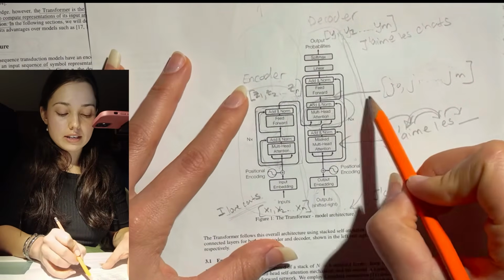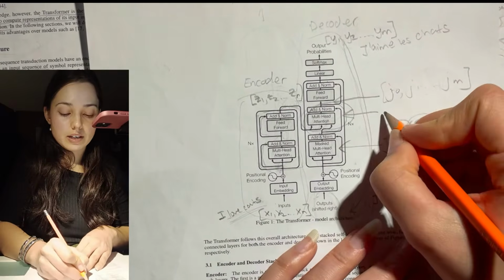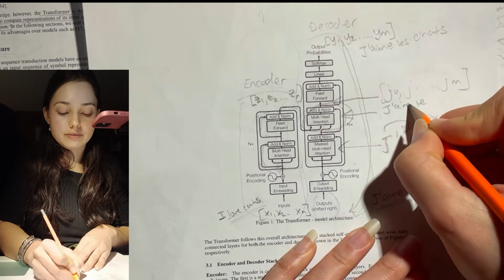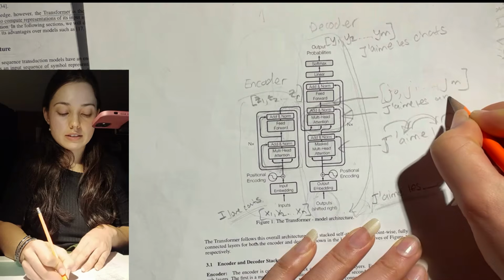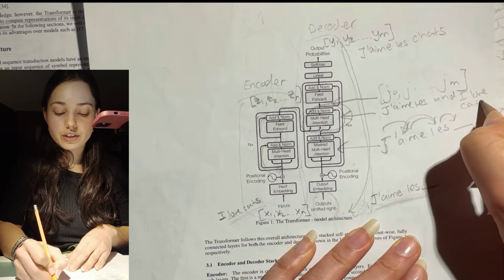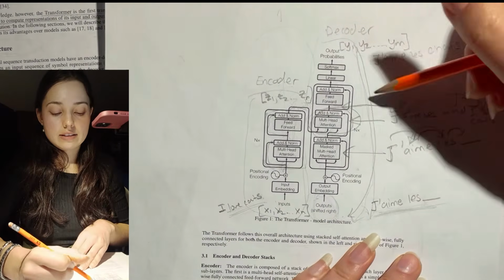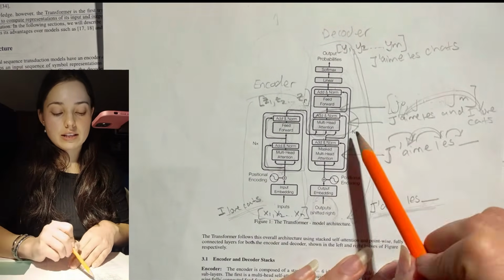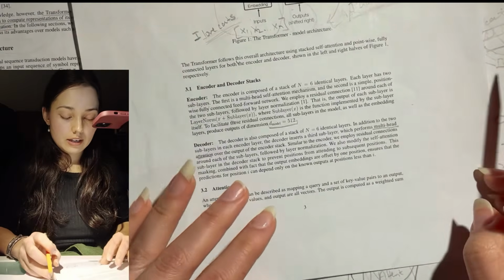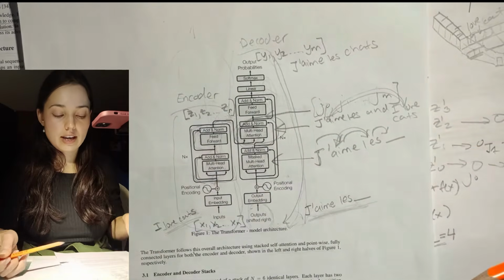And then here, at this attention mechanism, well, here we let j'aime les and I love cats talk to each other, okay? So now they get to chit-chat together, and that's when a value is kind of outputted from here. So this is how the model kind of knows what it's supposed to translate next.